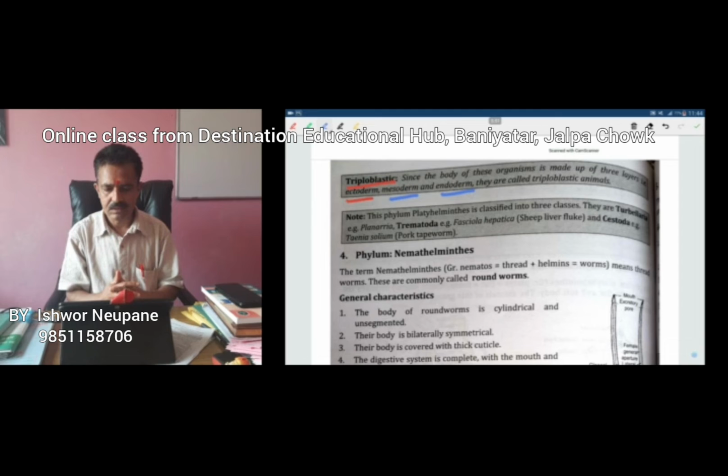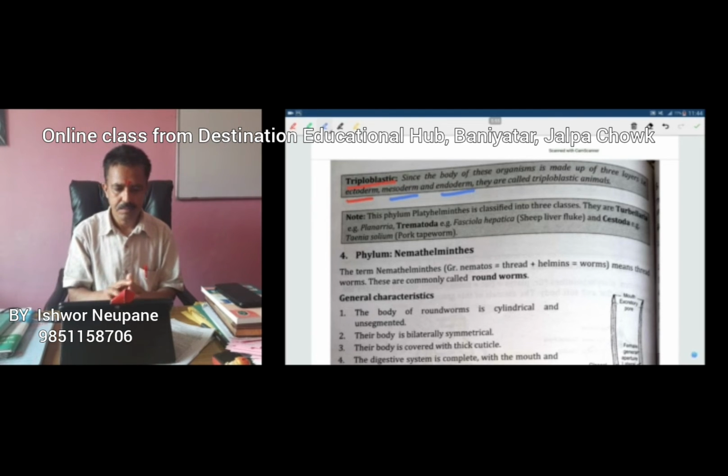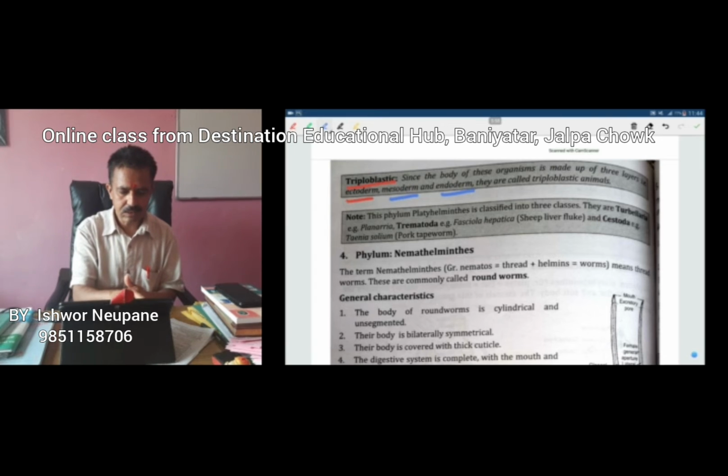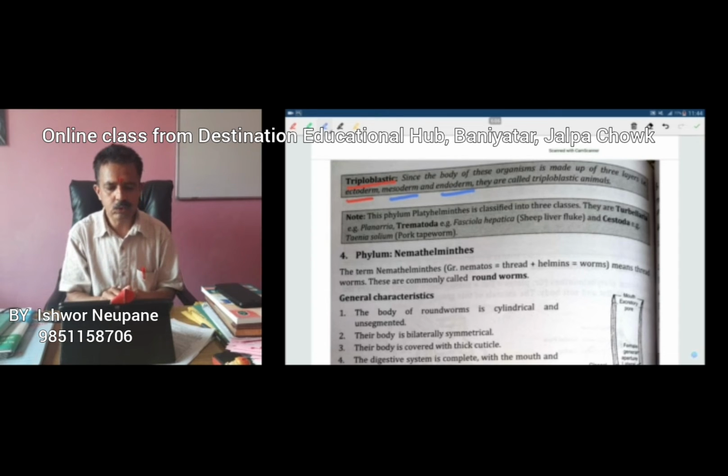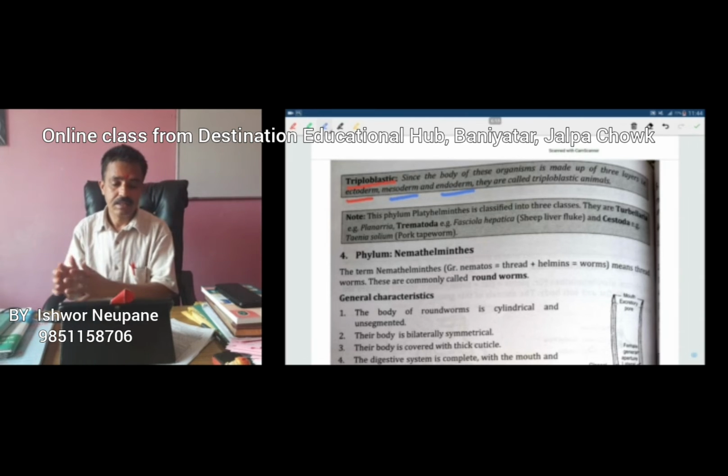Tri means 3. Their body contains 3 layers. What are they? Outermost is ectoderm, middle is mesoderm, innermost is endoderm. In their body there are 3 layers. Outermost layer, ectoderm, middle mesoderm, inner endoderm.